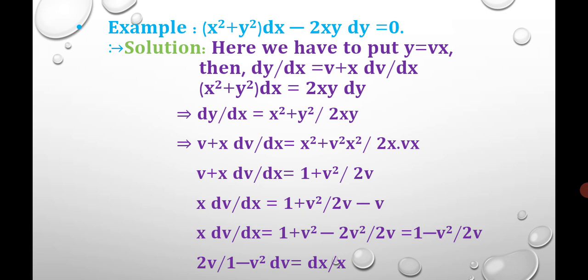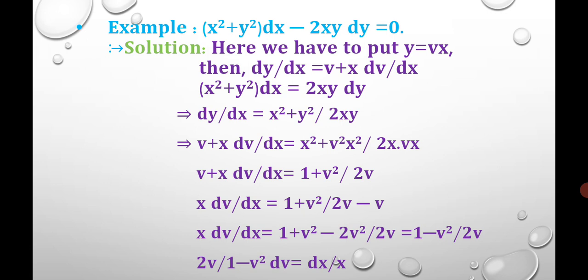Then dy by dx equals v plus x into dv divided by dx. Then x square plus y square into dx equals, moving minus 2xy dy to the RHS side, x square plus y square into dx equals 2xy dy. Then we have dy by dx equals x square plus y square upon 2xy.